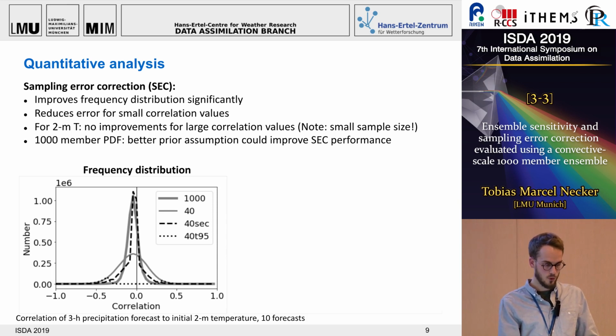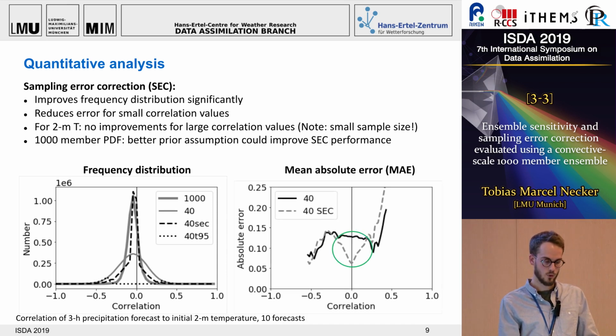If we now want to know where the sampling error correction has its largest effect, we can also plot the absolute error as a function of correlation value. In black you can see the error of the 40-member ensemble compared to 1,000 members. The major improvements are visible for small correlation values.